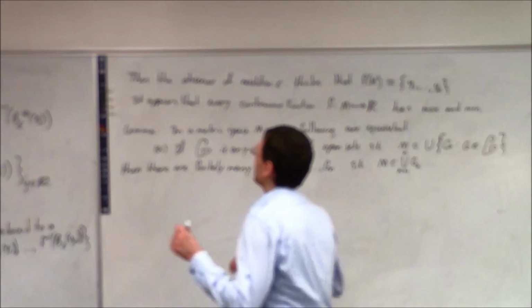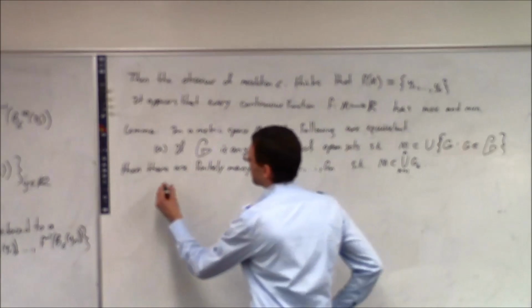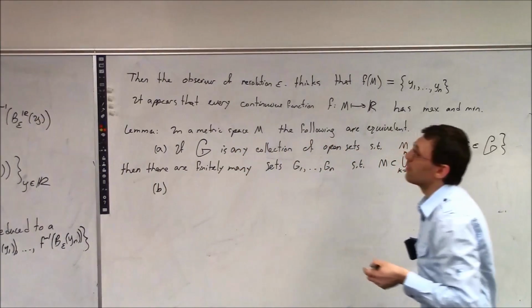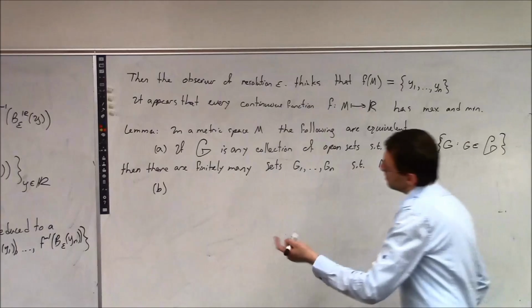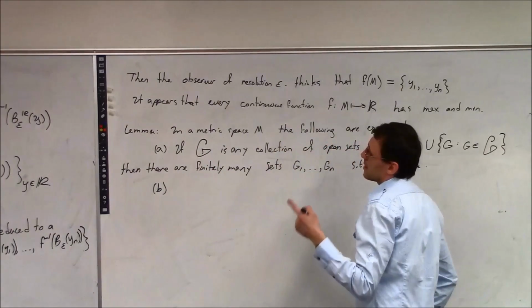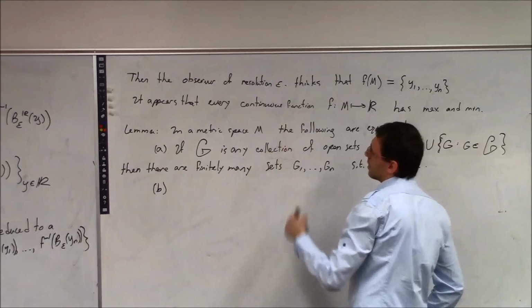And part B is something that you don't see much, but really you need this only for the proof, so that you can relate the definition of compactness as complete and totally bounded to the open cover business.